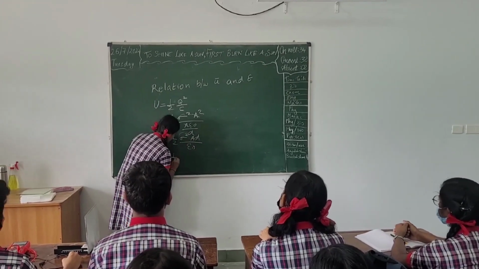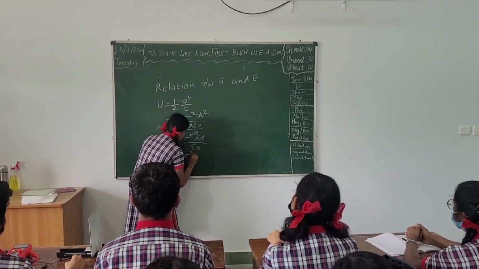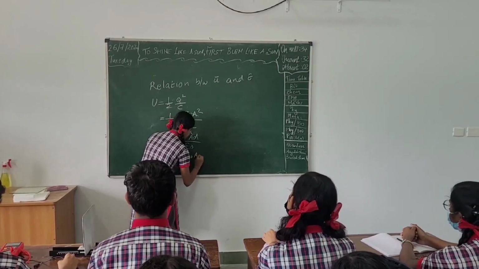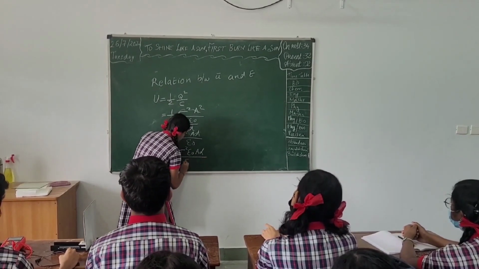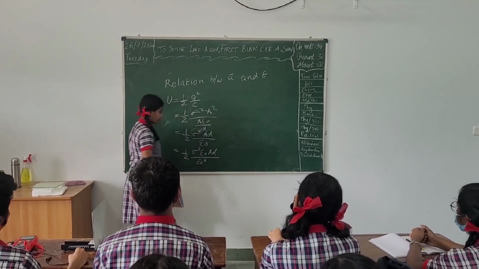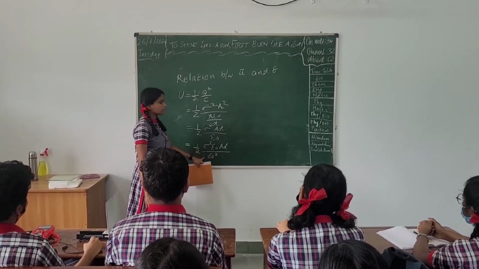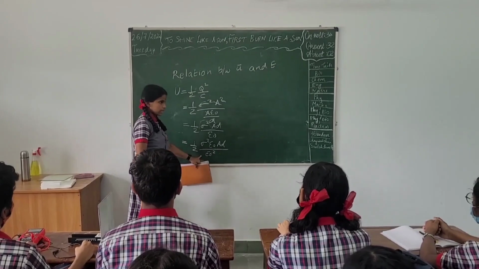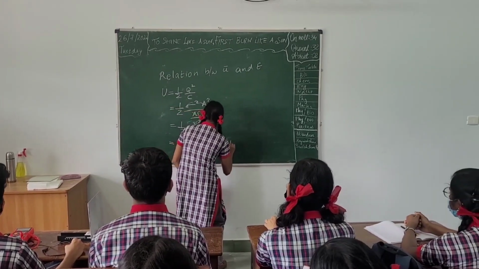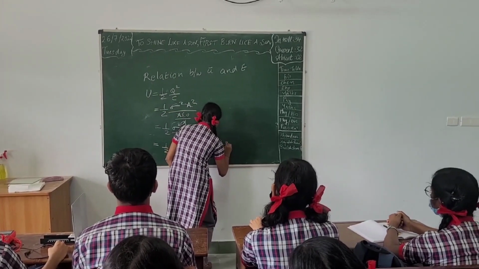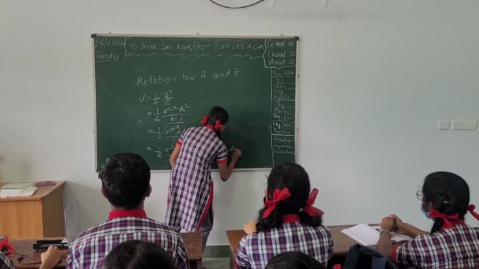So we get half into sigma square epsilon 0 A D by sigma epsilon 0 square. So sigma square by epsilon 0 square is electric field square, E square. So we get half E square epsilon 0 A D.